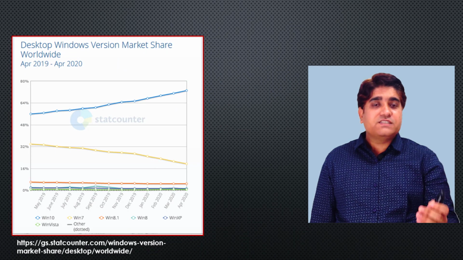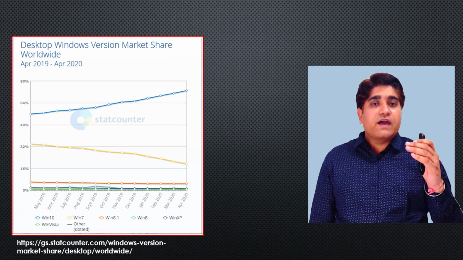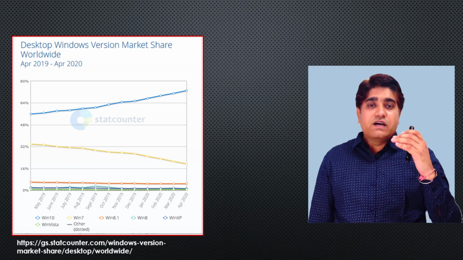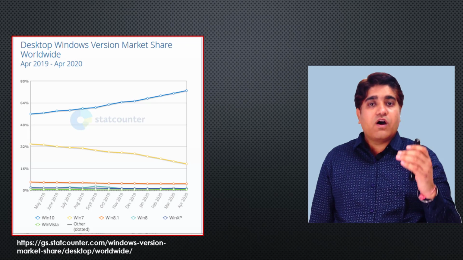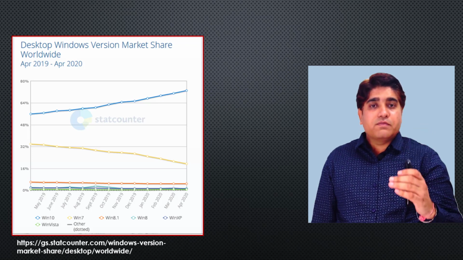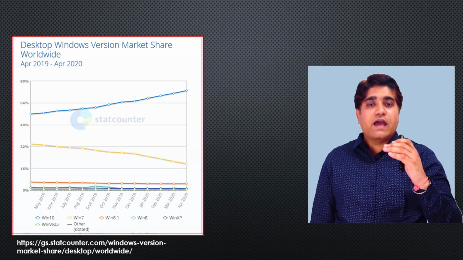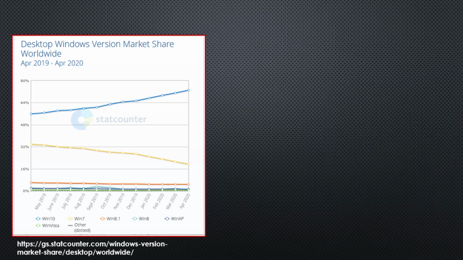But if we see last month's report, after the end of customer support for Windows 7, the share of Windows 10 has also risen. Windows 10 has more than 73% of the market share across all Windows variants.